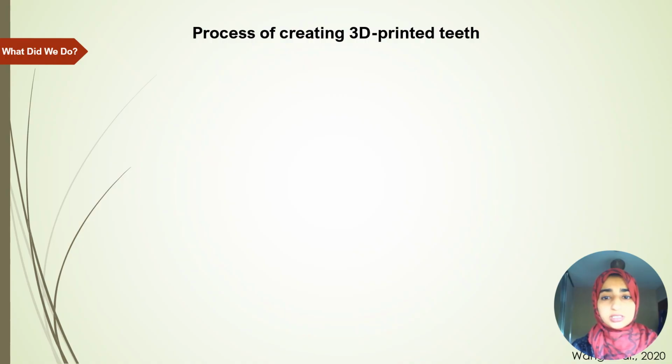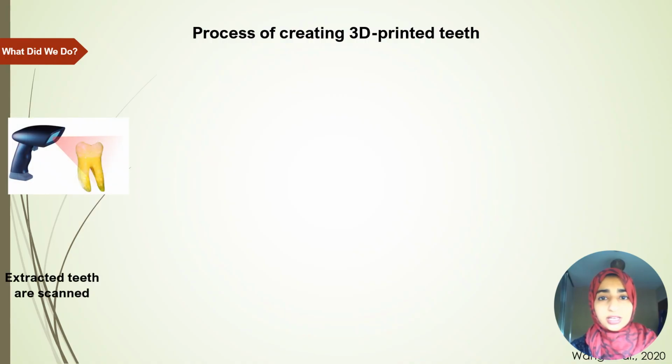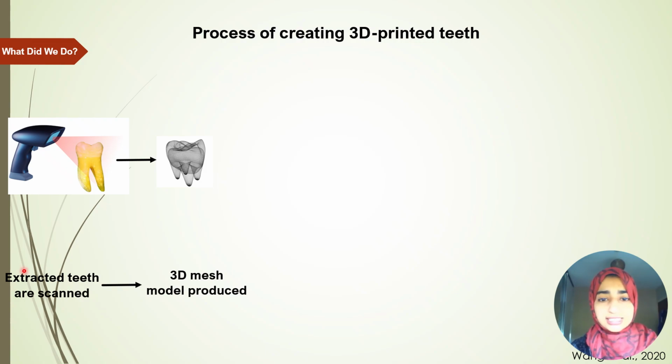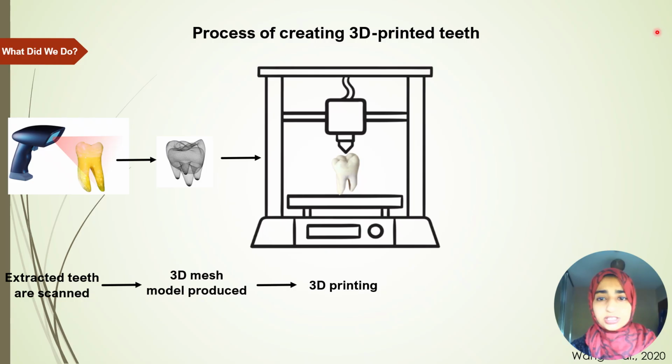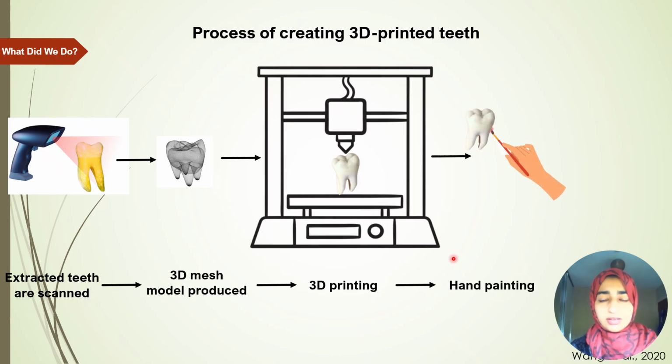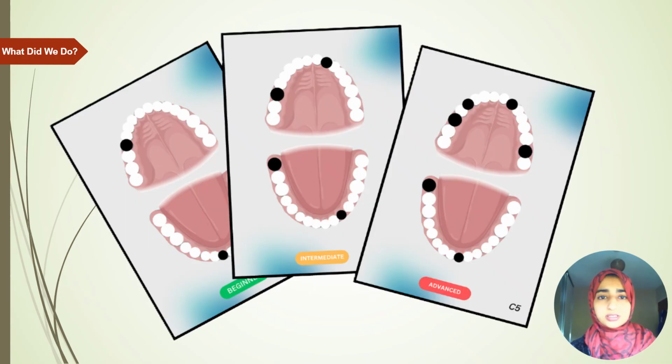So how were the 3D printed teeth created? To create them, adult teeth from the Department of Anatomy and Neuroscience were scanned, which were then used to generate digital models. These models were then used to print the replicas, which were then hand painted to increase their realism. And this was the end product.